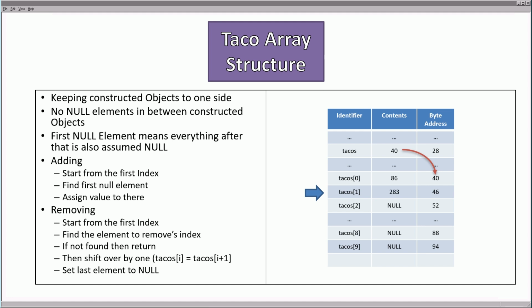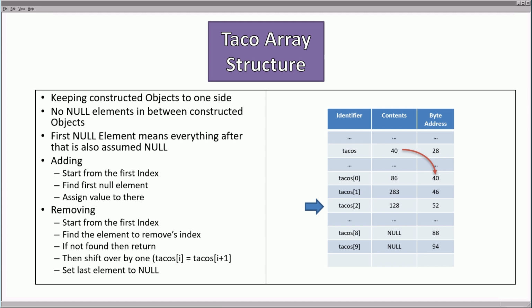This is null, and so we assign the memory address, let's just say arbitrarily 283, points to that next constructed object. And if we were going to do this one more time, we're going to add one more element to this array. If we start from index 0, that's not null. If we move to index 1, that is also not null now. Index 2 is null, so we add the next one there.